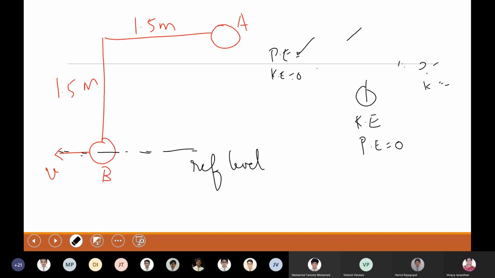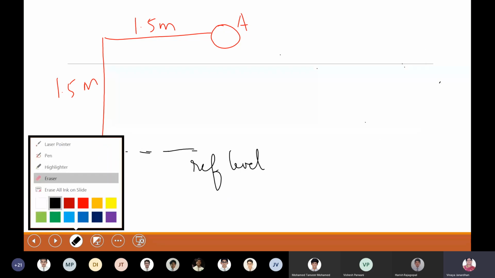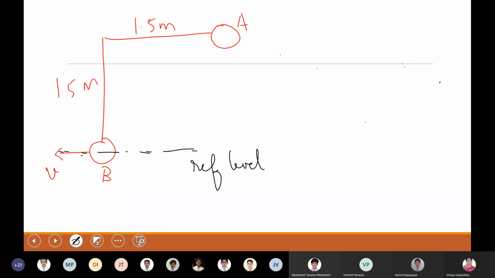Only this you should know: in a simple pendulum, when there is no air friction, total mechanical energy is conserved. At the extreme points, the energy is totally potential. At the mean position, the energy is totally kinetic.